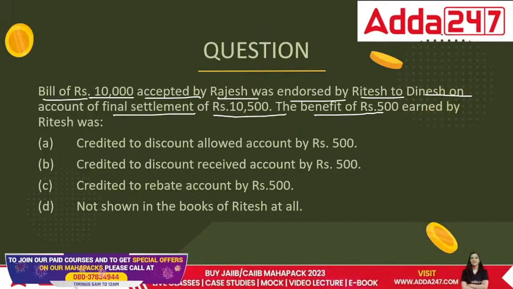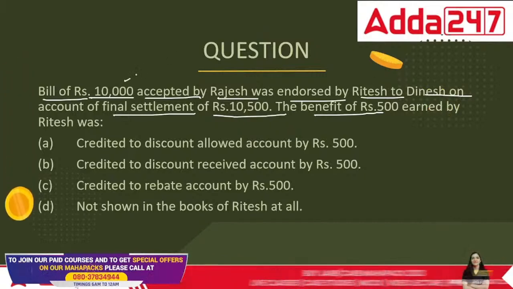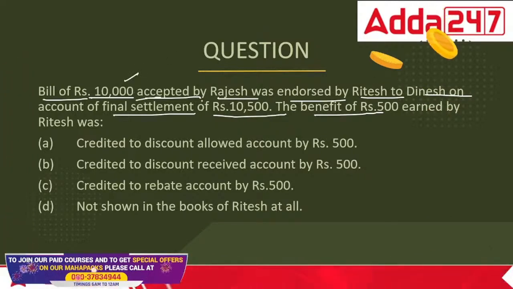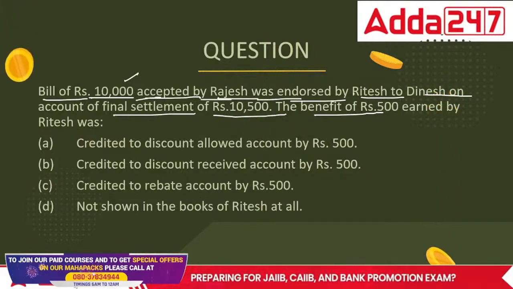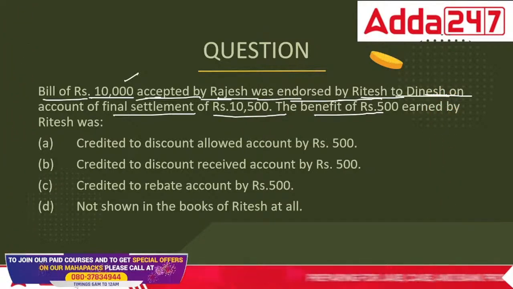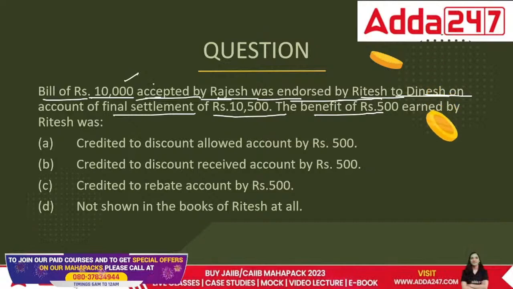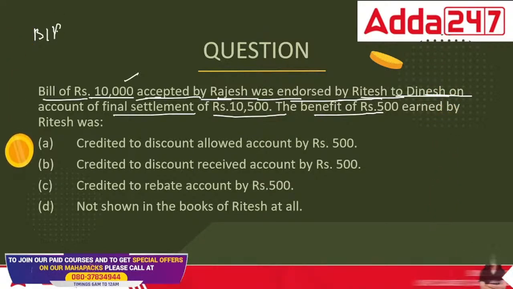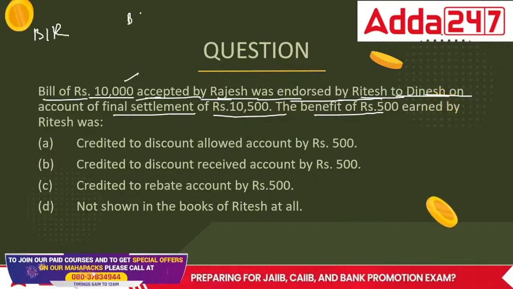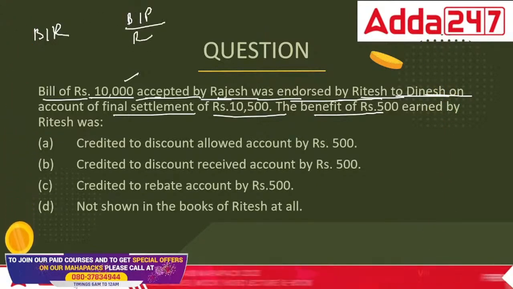See, the point is we are talking about the bill of rupees 10,000 accepted by Rajesh was endorsed by Ritesh to Dinesh. Achha, in this case what we are having is there is a bills receivable, bills accepted by Rajesh. That means Rajesh is saying that I accept the bill.